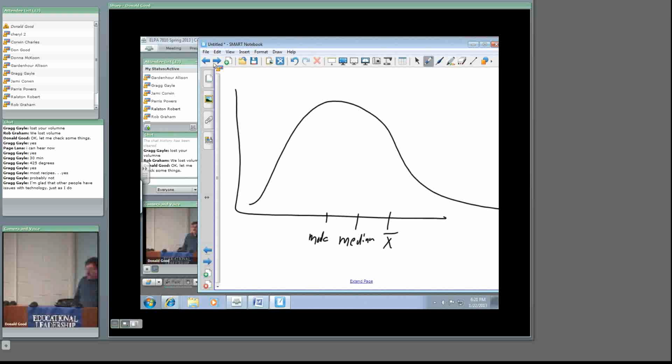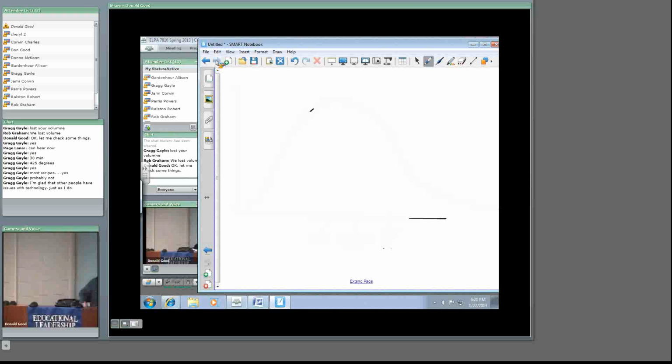A few years ago, the University of North Carolina did a study, and it looked at the average salary by the majors that students had graduated with. Do you know what the highest average salary by major was?